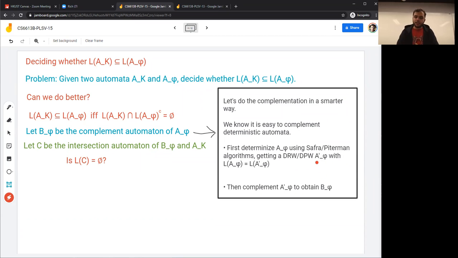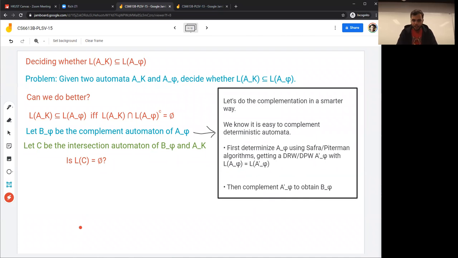So let's call this deterministic automaton A prime of phi. And of course, the whole point of determinization was to not change the language while getting rid of non-determinism. So the language of A of phi is the same as the language of A prime of phi. Okay, now instead of complementing A of phi, complement A prime of phi and call that B of phi.